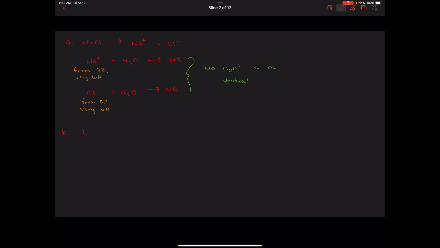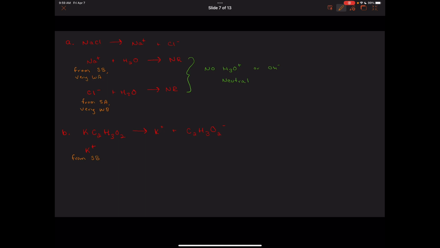So if we look at the salt we had for B, we had that potassium acetate. When that dissociates, we're going to get K+ and C2H3O2-. Looking at my cation, we said it came from potassium hydroxide, a strong base.